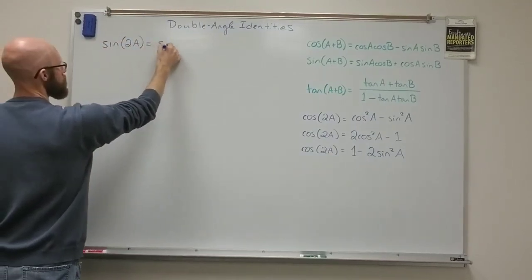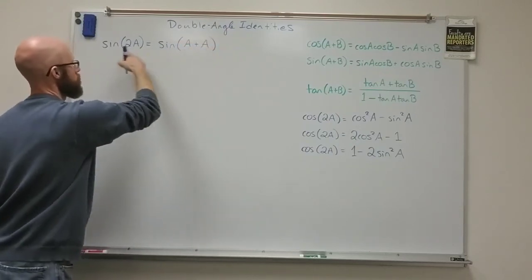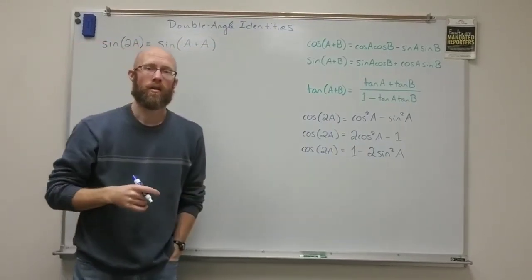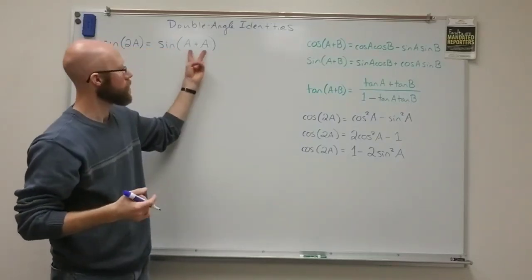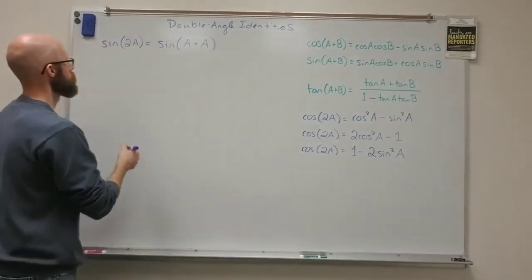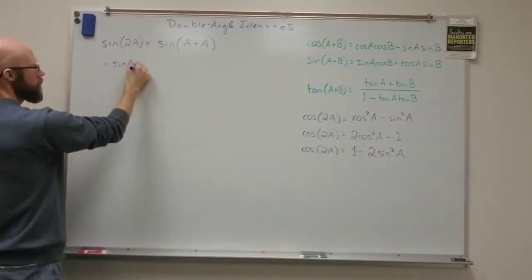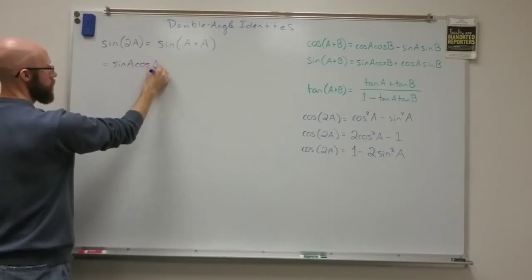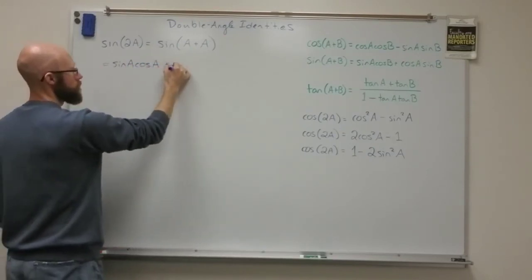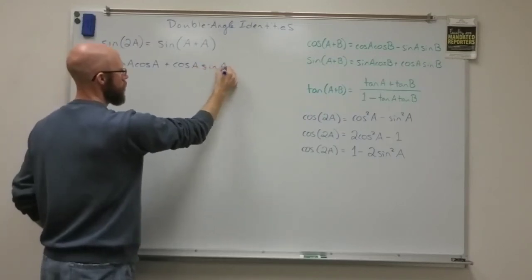again, it's equivalent to the sine of a plus a, because a plus a is 2a. Then we replace the a and the b with a and a in the formula. So we would end up with the sine of a times the cosine of a plus the cosine of a times the sine of a.